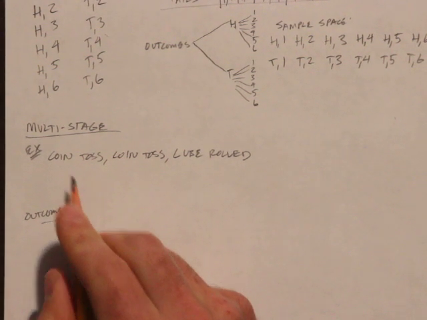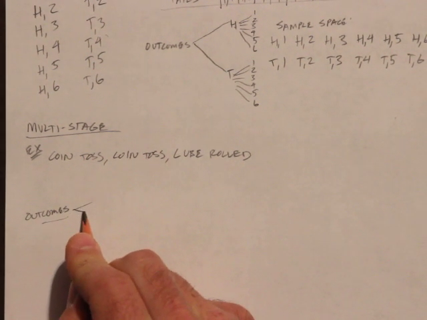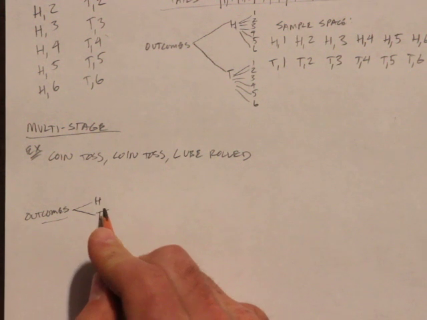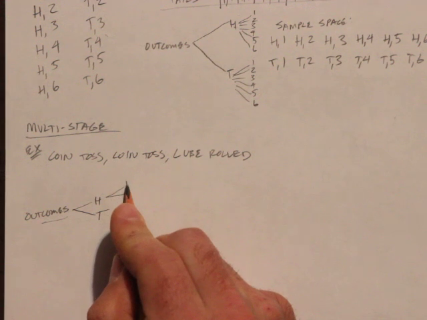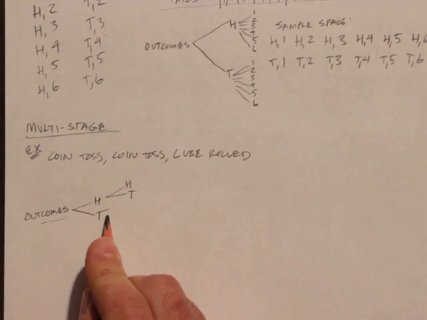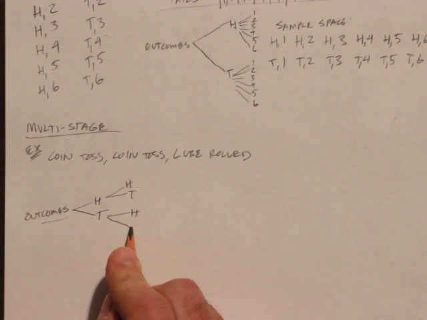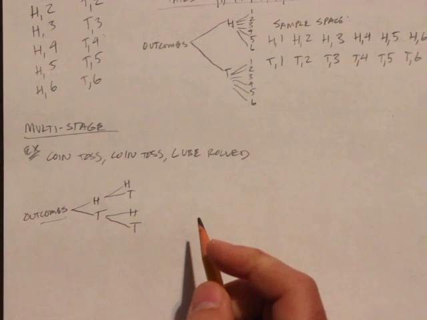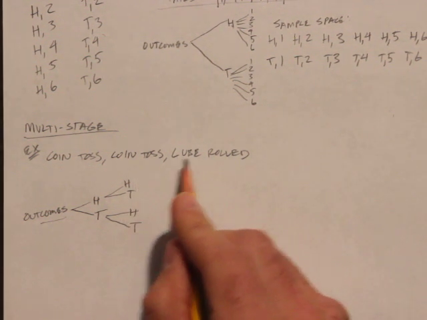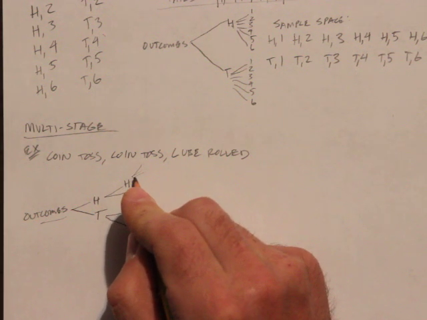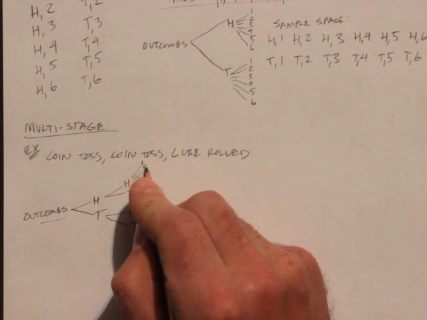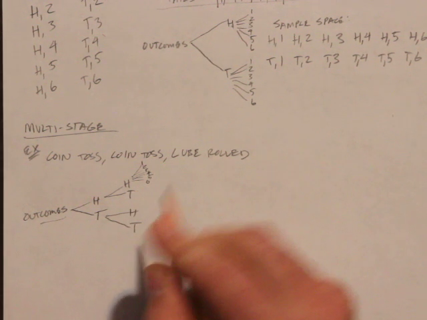So the first is going to be a coin toss, so that could be heads or tails. Then the next one is going to be another coin toss, so it's going to be heads or tails again. Should have spread this out a little bit farther. Then a cube rolled, so I go heads, heads, and then 1, 2, 3, 4, 5, 6.